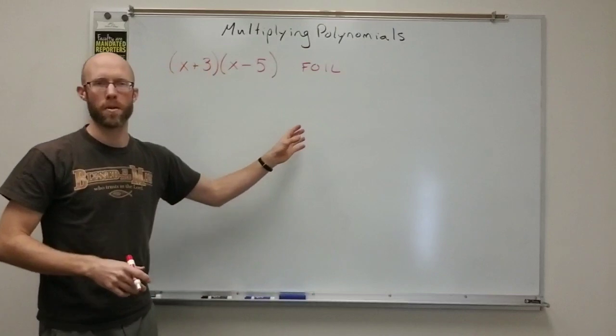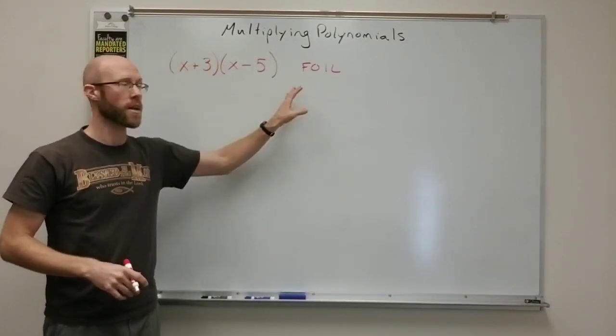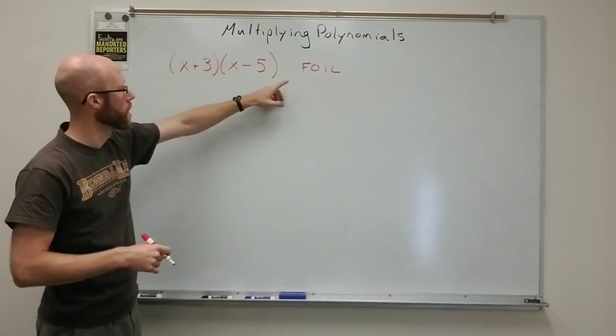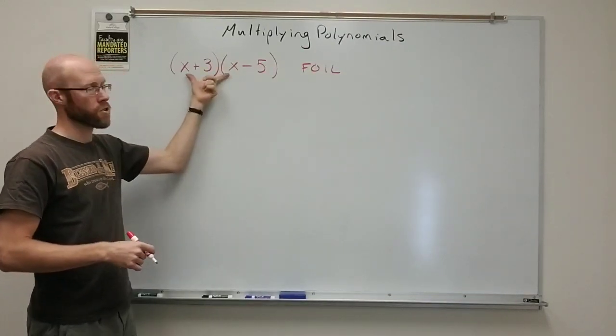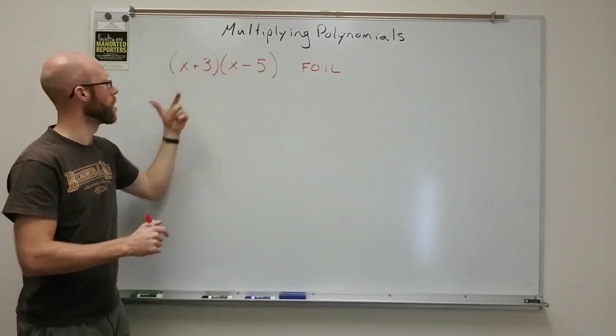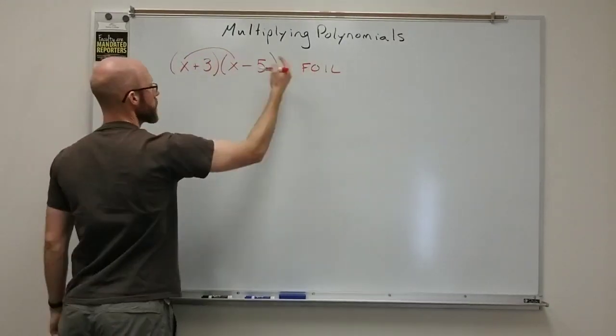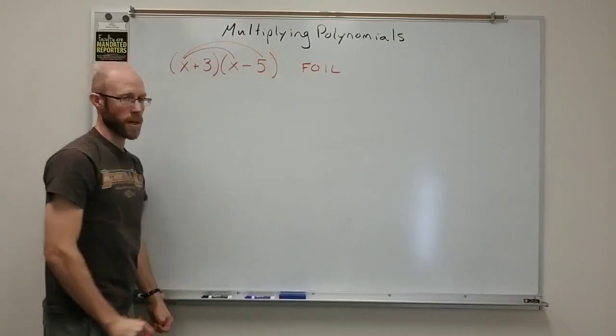I hesitate to write it up here because it's not going to work for everything, but I'm going to show you just because you're probably familiar with it. You multiply the first two terms together, then you do the outer 2 terms together.